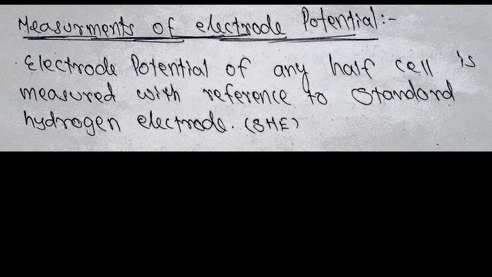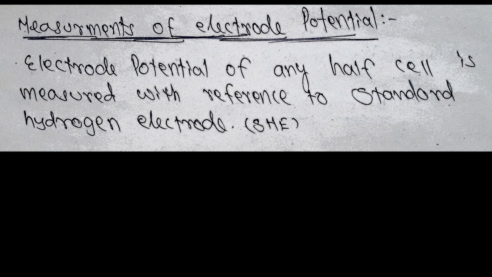If we measure it at standard conditions, meaning 1 atmosphere pressure, 25 degrees Celsius, and 1 molar concentration of the aqueous solution, then it is called the standard electrode potential. We can measure this with the help of the standard hydrogen electrode.